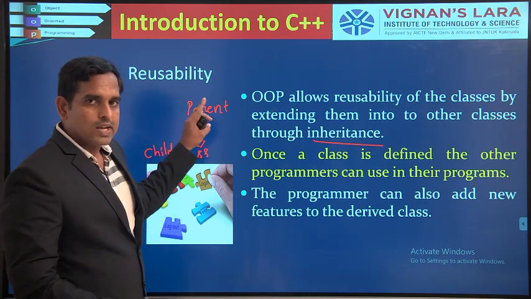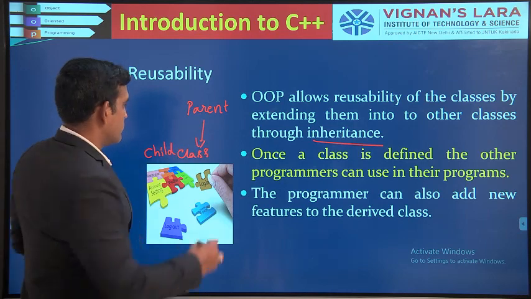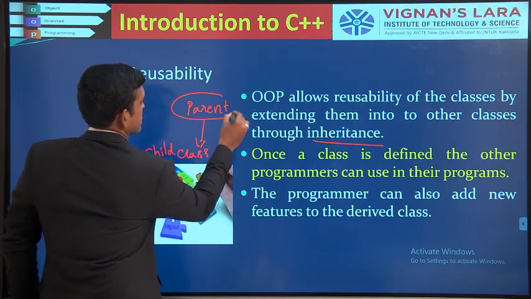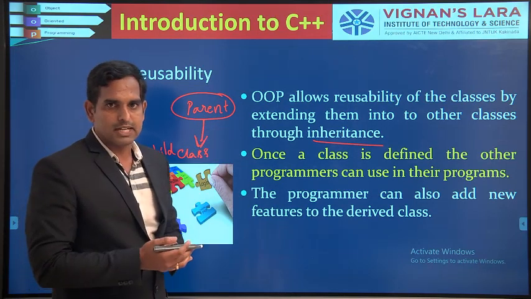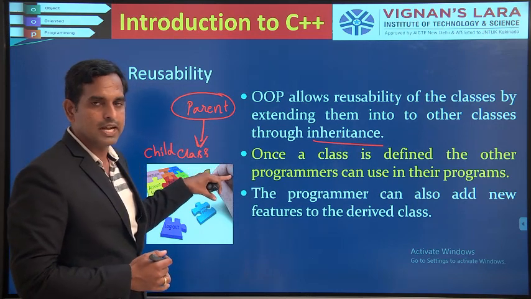The child class will inherit the properties of your parent class. Whenever this inheritance is happening, we are extending the properties of the parent class. Whatever the parent class properties may be, all those properties can be extended by your child class.